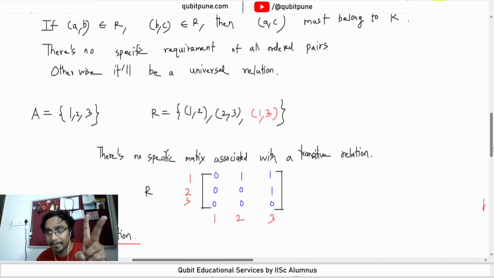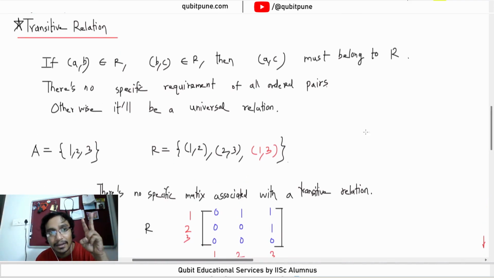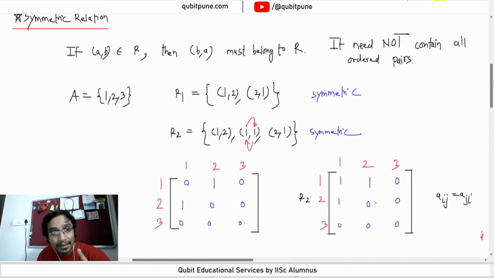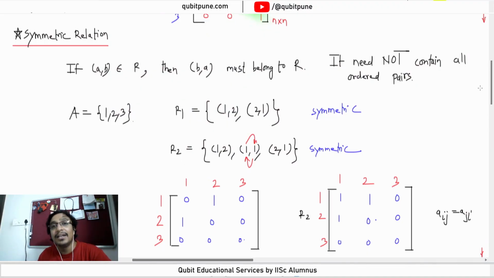So two points here. First, there might be some ordered pairs which are totally absent. They are present in the Cartesian product, but they are not present in our relation. That can still be a transitive relation. Even in the case of a symmetric relation, there might be some ordered pairs which belong to the Cartesian product A cross A but do not belong to our relation. That can still be a symmetric relation.